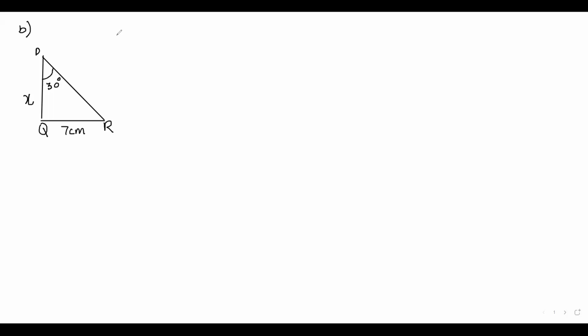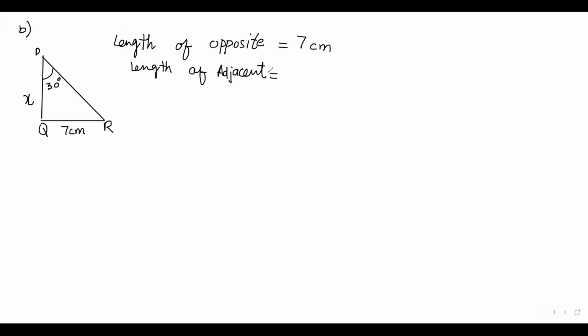So length of opposite side here is equal to 7 cm, and since this side is perpendicular to the QR, it would be adjacent. We have to determine this, so it is given the name of x, and the given angle theta is equal to 30 degrees.